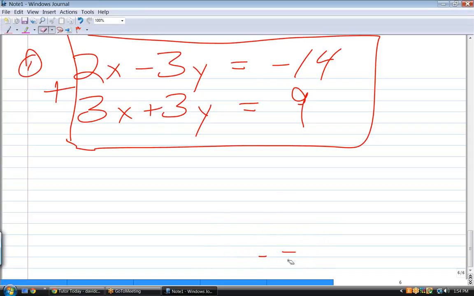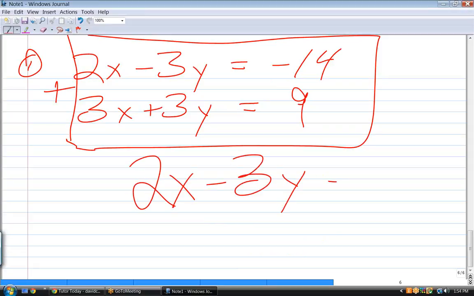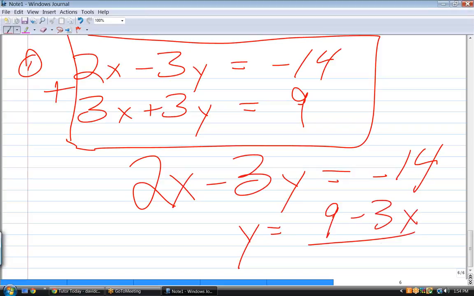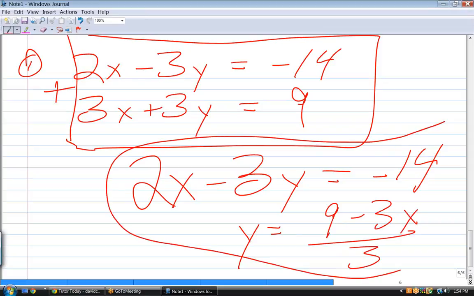If instead I had this sequence where they give me this one, but then they say y equals 9 minus 3x divided by 3. In other words, if they were to give me the problem like this, I wouldn't choose the same method.